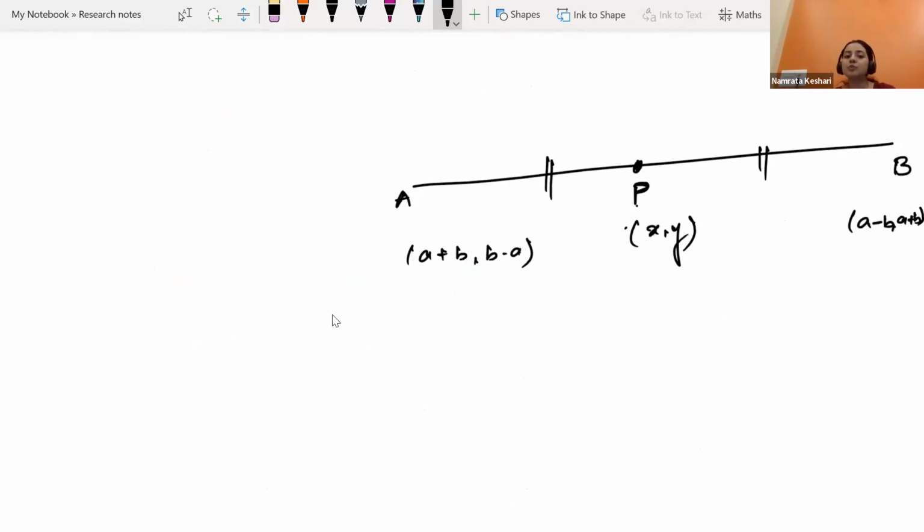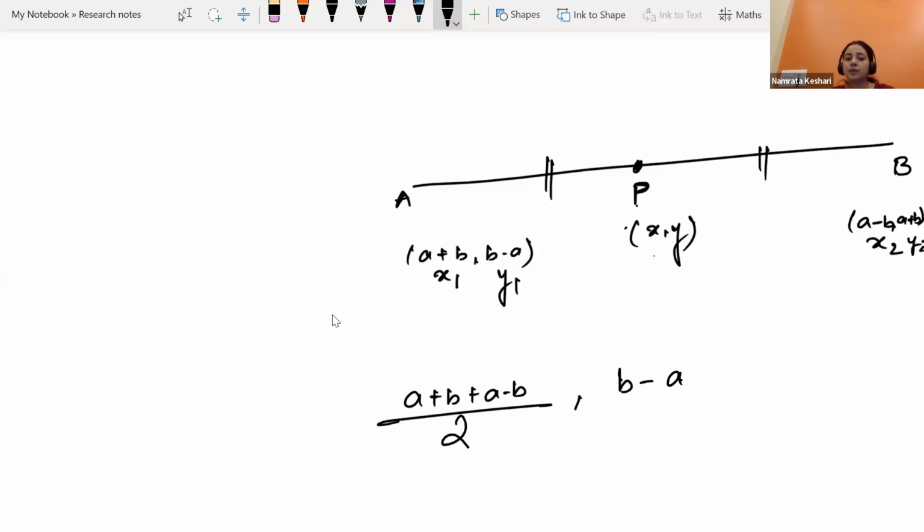Then the midpoint formula is x1 plus x2 by 2, y1 plus y2 by 2. This is x1, this is x2, this is y1, that is y2. So x1 plus x2 by 2, y1 plus y2 by 2 is equal to the coordinate of P, that is x comma y.